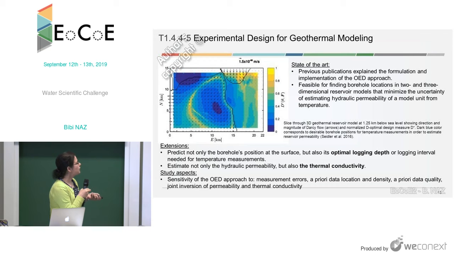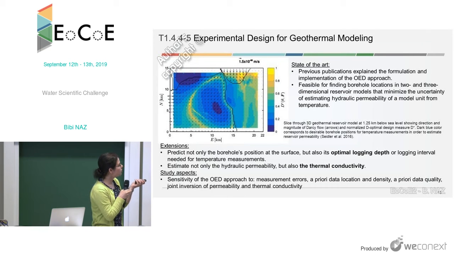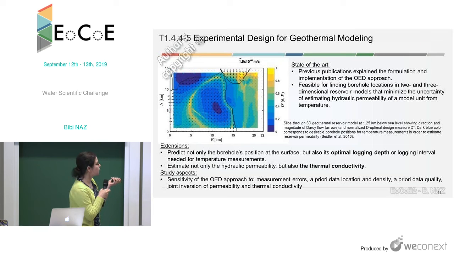In this diagram, you can see the 3D geothermal reservoir model, showing the direction and magnitudes of the subsurface flow, and these dark blue spots are the optimal locations of the boreholes.